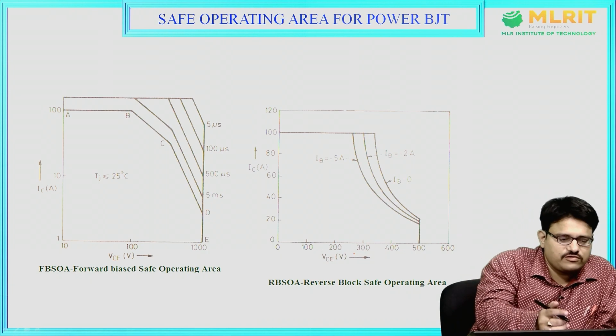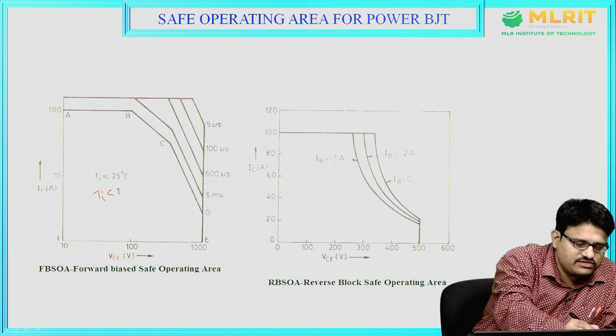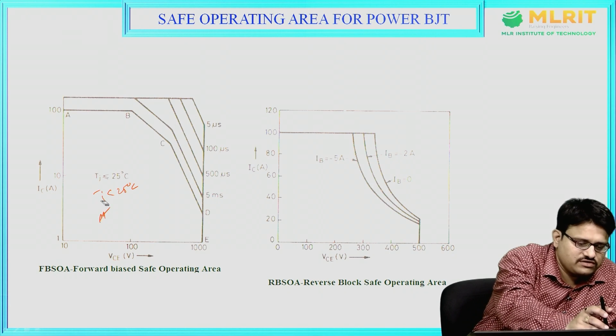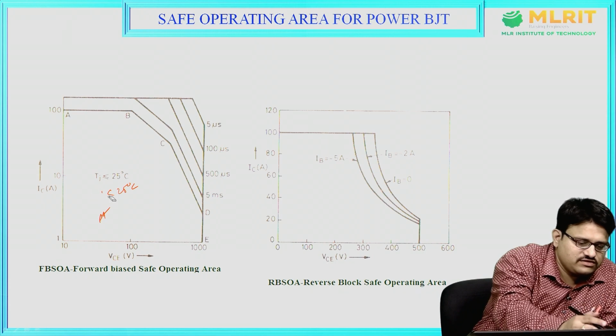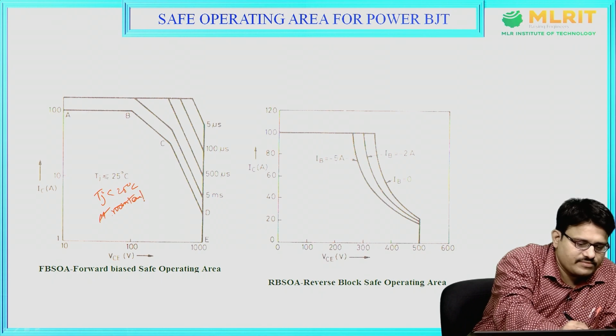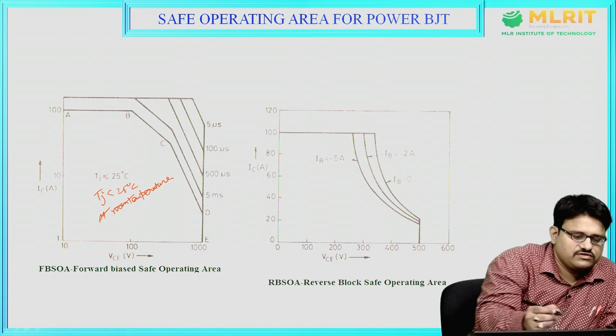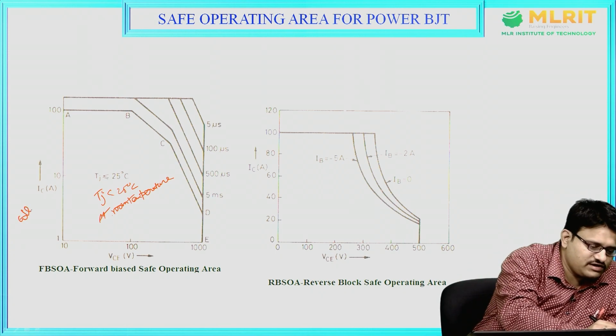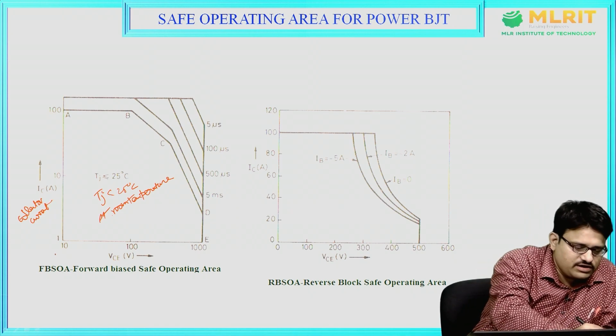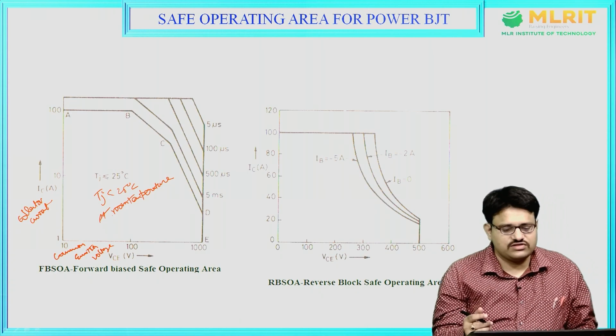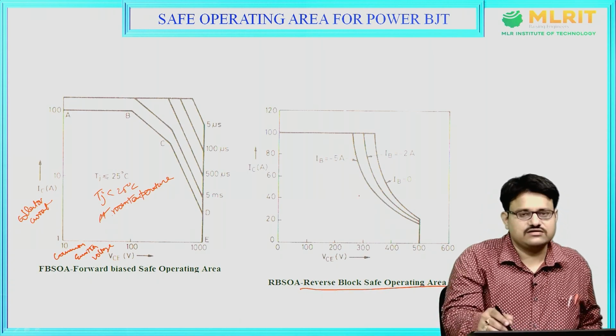Now the safe operating area of power BJT. This is Tj, the junction temperature, at room temperature, 25 degrees centigrade. So the safe operating area, this is the collector current and the collector emitter voltage, and here as we see, this is the reverse bias safe operating area as seen in the graph.